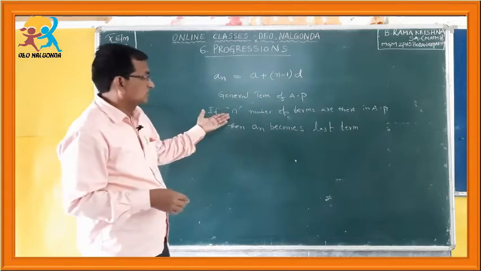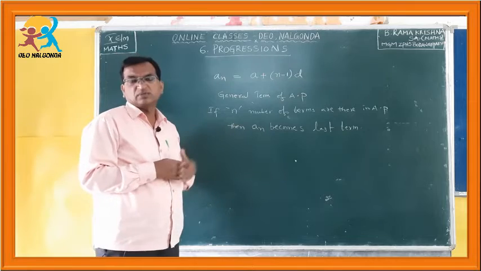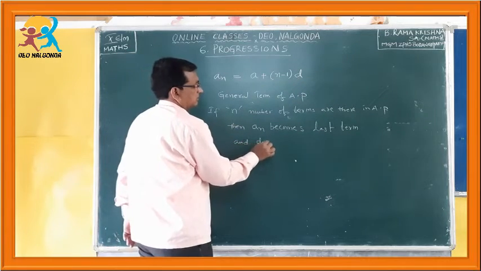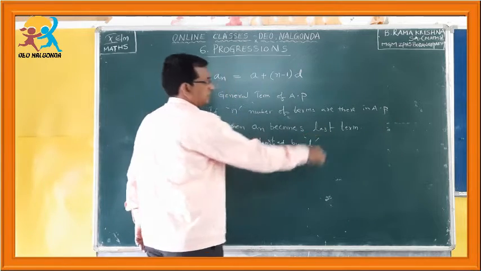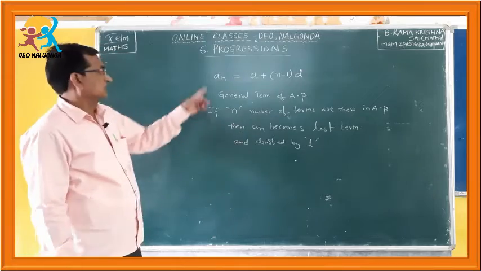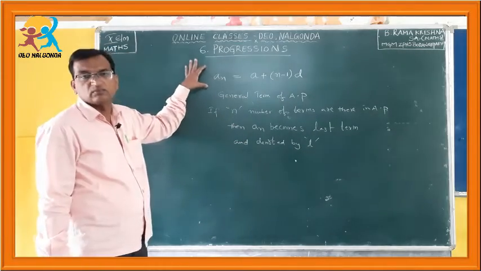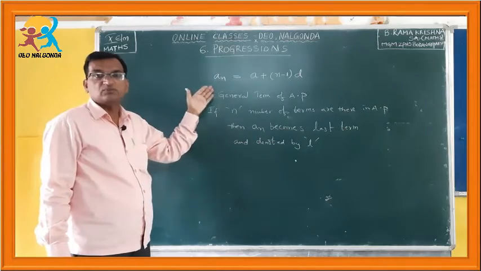Therefore, depending on the numbers, An can also be called the last term, denoted by L. So this term we generally call the nth term of AP, also called the general term of AP.